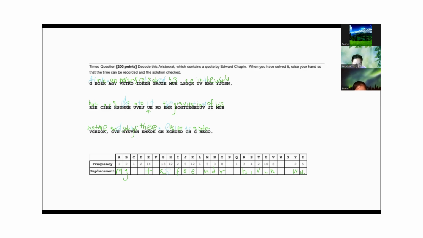Or swings. Swing. Easy. Swings. Competitions.